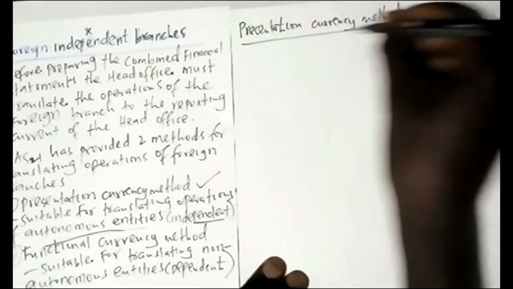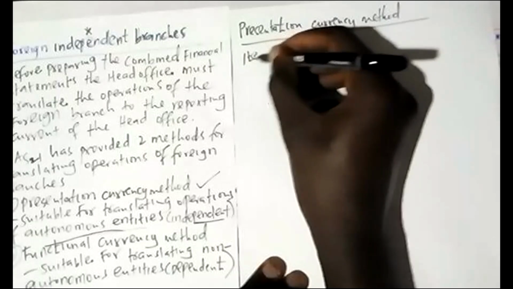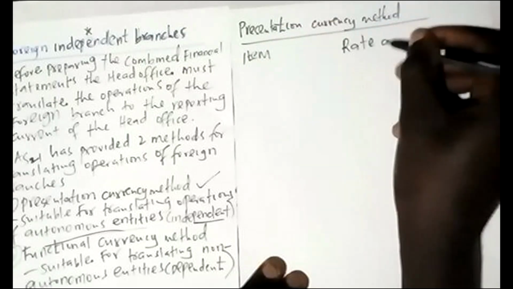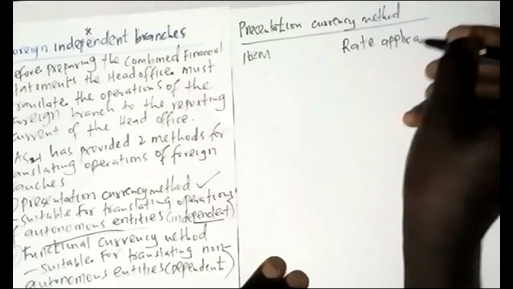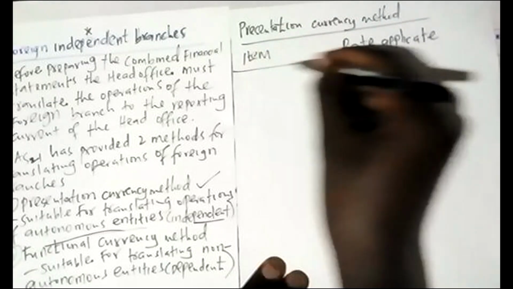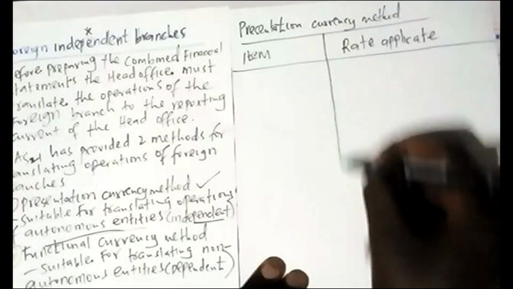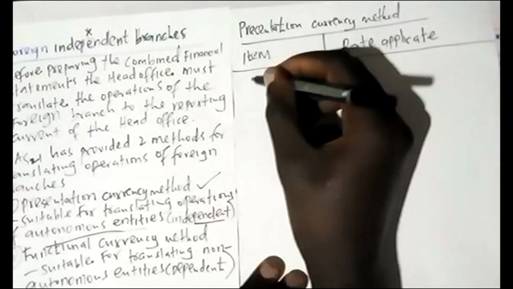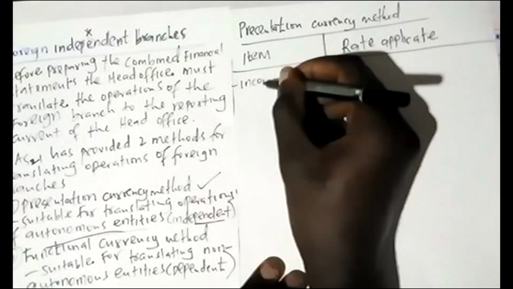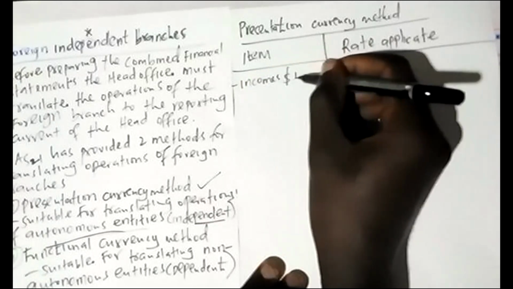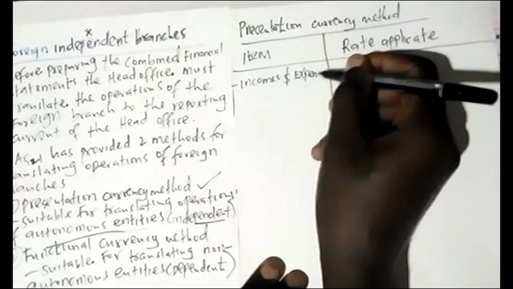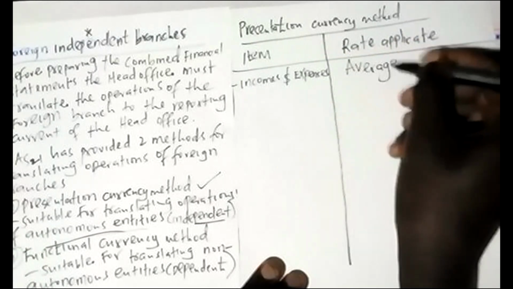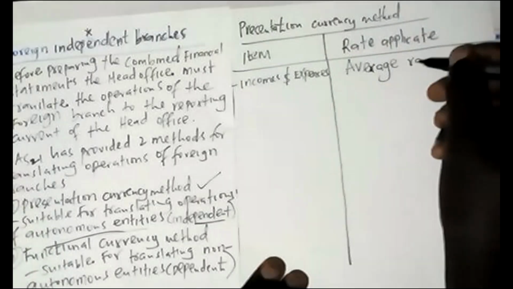For the presentation currency method, I have the item and the rate applicable. For example, incomes and expenses, which are income statement items, use the average rate. You will be given the average rate in the question.